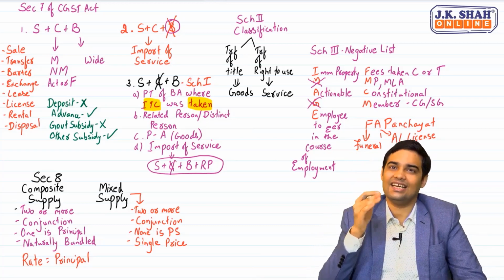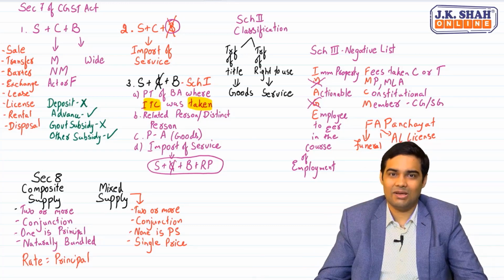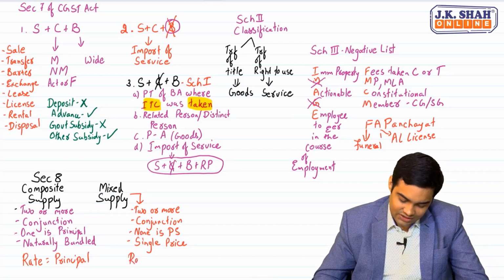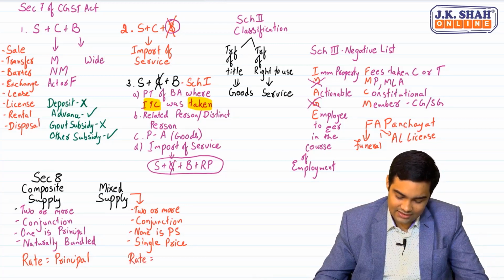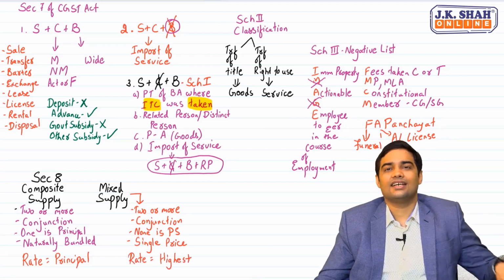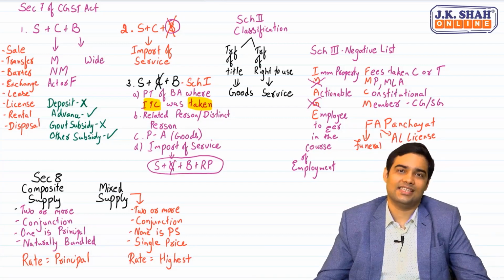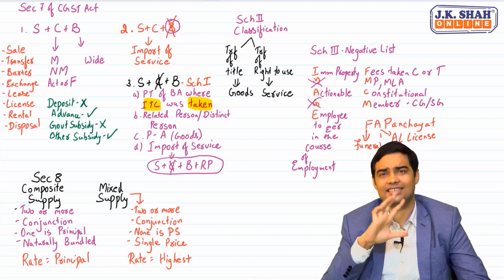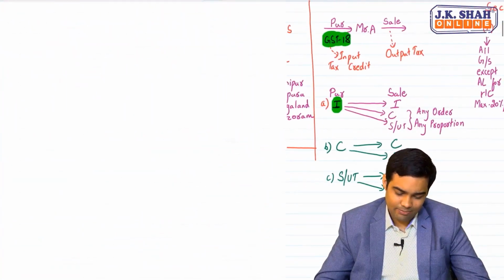If it is in a single invoice, individual GST rates will be applicable. For a single price, then the rate of GST which is applicable is the highest rate. Yes, the law clearly provides that the GST rate would be highest GST rate. Clear?